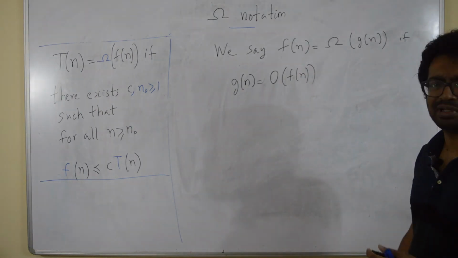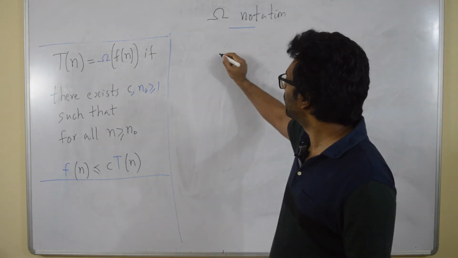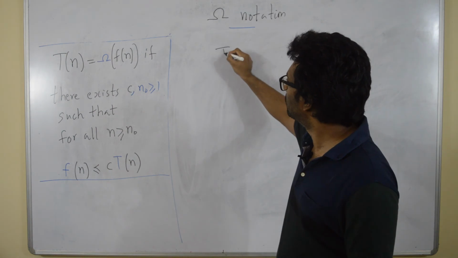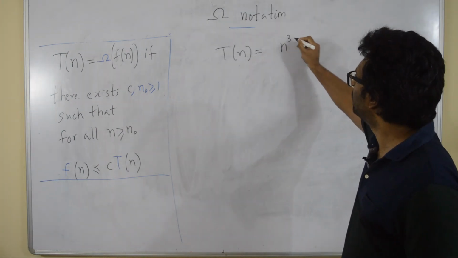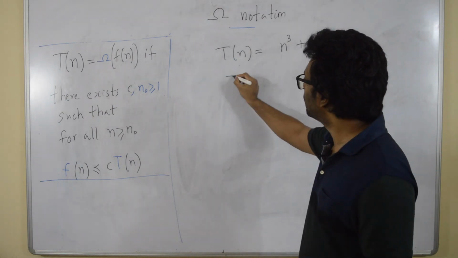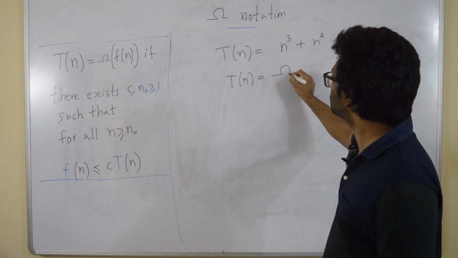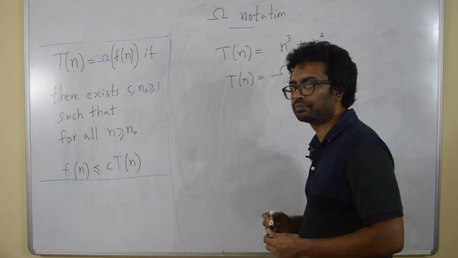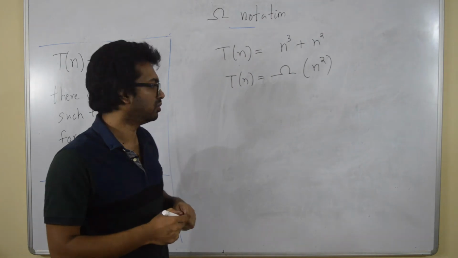Now let's look at a few examples. Let's say t of n is equal to n cube plus n square, right? And then I can write t of n is equal to omega of n square. And how do I argue that? What is the proof?